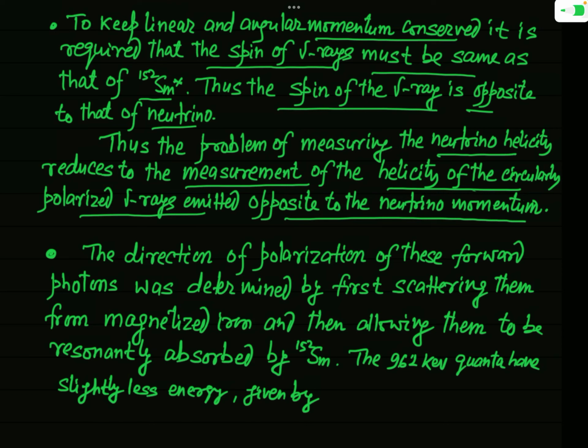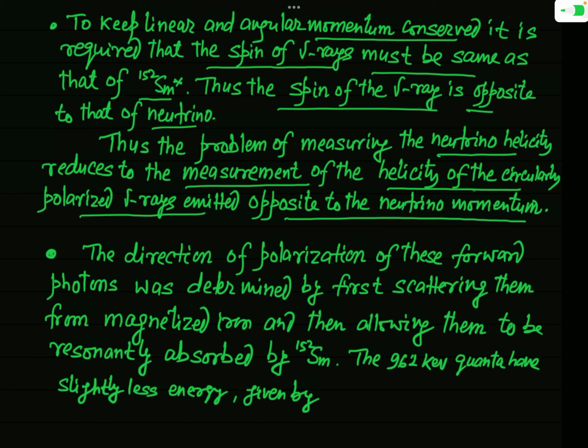So finally our problem of determining the helicity of the neutrino becomes: measure the helicity of the circularly polarized gamma ray emitted just opposite to the direction of motion of the neutrino, and that will give you the helicity of the neutrino.